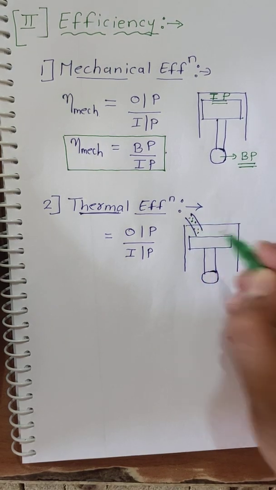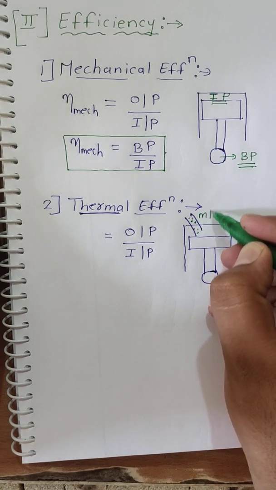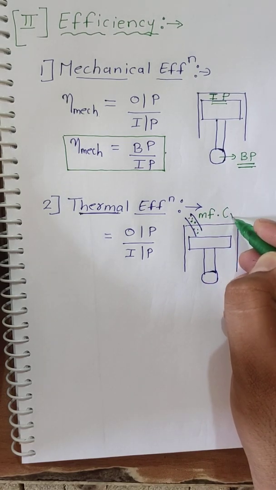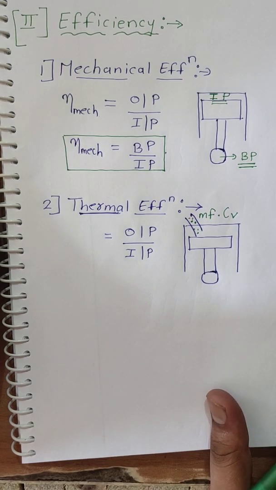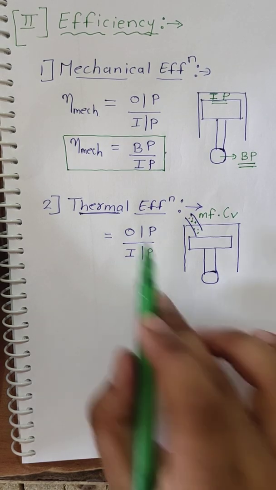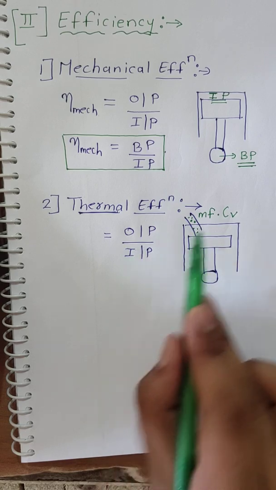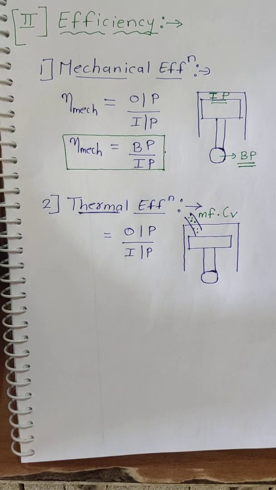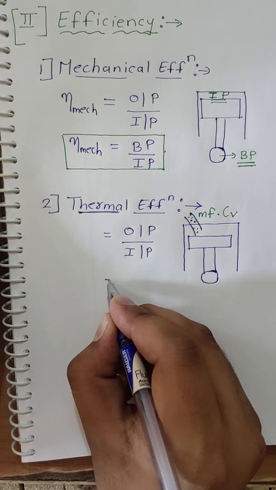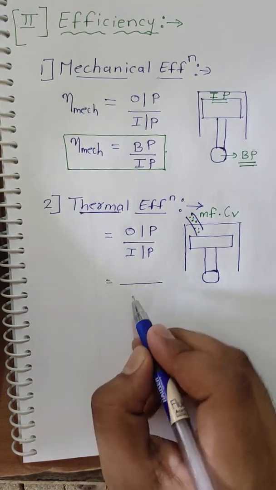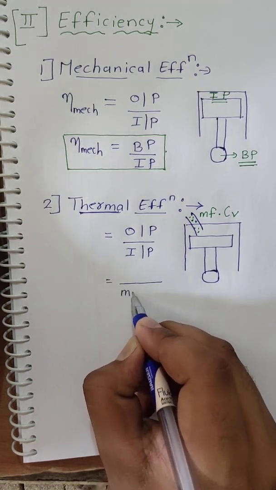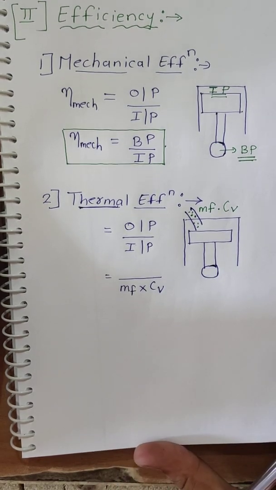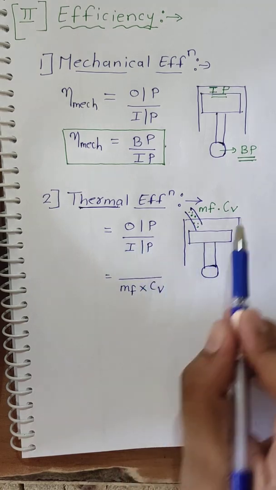This fuel will have a certain mass and it will have some calorific value, indicated by CV. So the input for thermal efficiency would be MF into CV. I will write here the input as MF, mass of fuel, into CV, calorific value, while the output is the power.